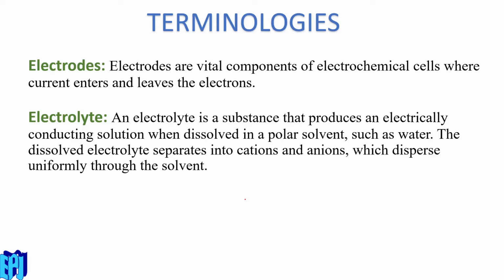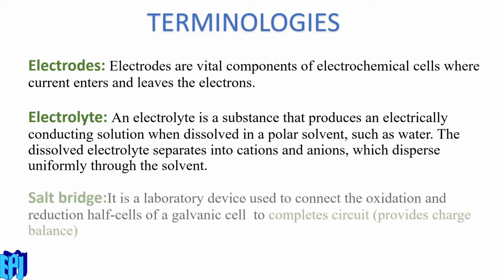That's the main condition. Such solutions are termed electrolytes. The dissolved electrolyte separates mainly into cations and anions because they are the carriers of electricity. The next term which we discuss is the salt bridge.